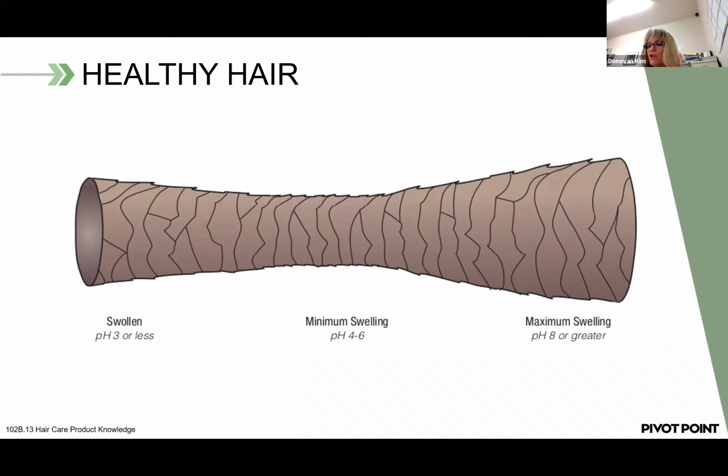Your hair is strongest when the pH is at 4.5 to 5.5 because it's not swollen, it's compact, it's where it's supposed to be. If the shampoo is too alkaline or too acidic, it can swell your hair strand.